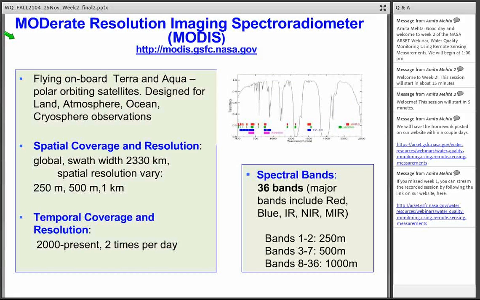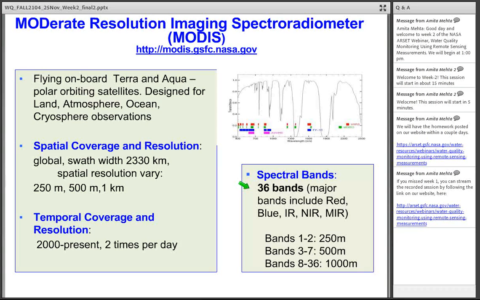Okay. So MODIS, or Moderate Resolution Imaging Spectroradiometer, that we have talked about since last week, flying on Terra and Aqua, is a very versatile sensor, used for land, atmosphere, ocean, and cryosphere, that is ice observations. MODIS has 36 spectral bands, used for different applications.